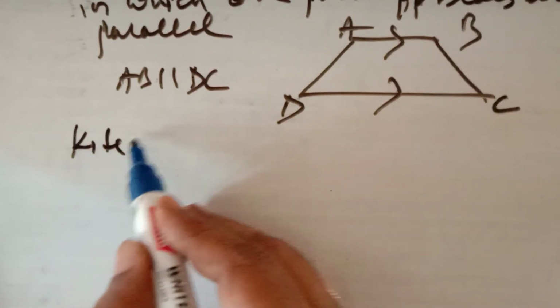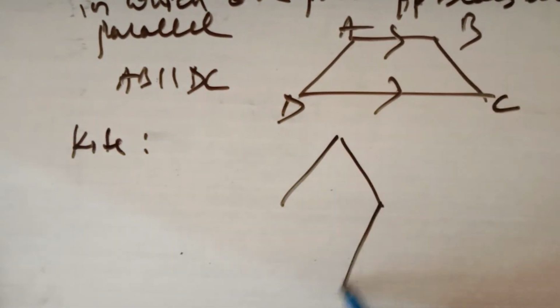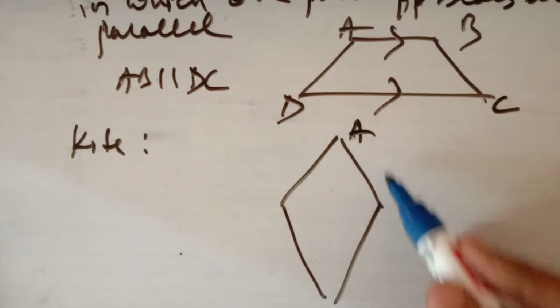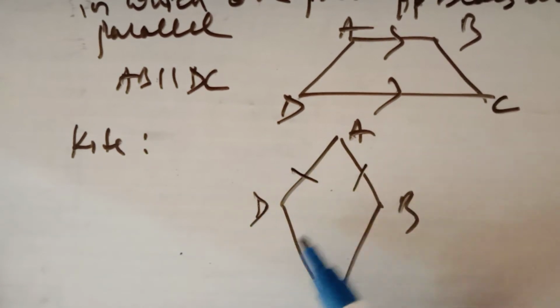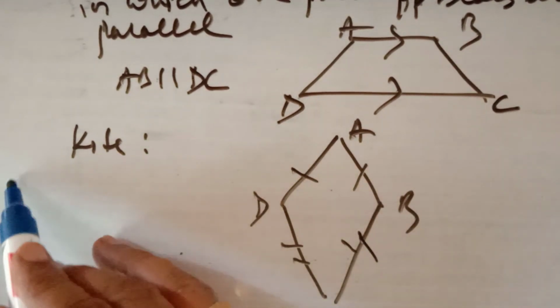Kite. A kite is a quadrilateral in which adjacent sides are equal. Only the adjacent sides are equal. This is equal to this and this is equal to this.